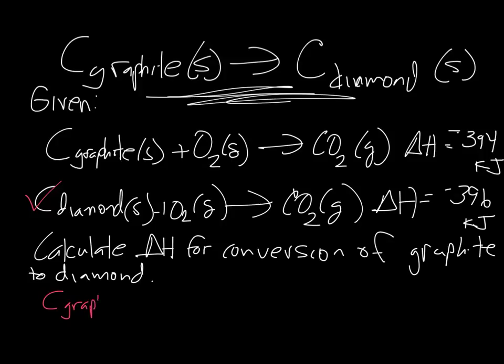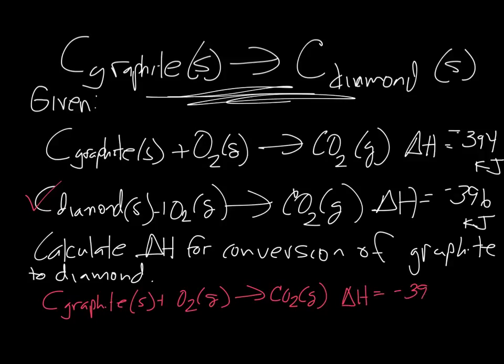I'm going to write them all out. Graphite, and that's a solid, plus my oxygen, going to CO2. So nothing has changed in this first equation, and my delta H here is equal to negative 394 kilojoules.